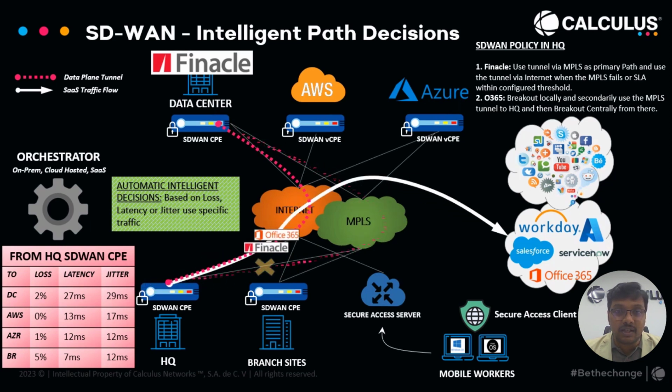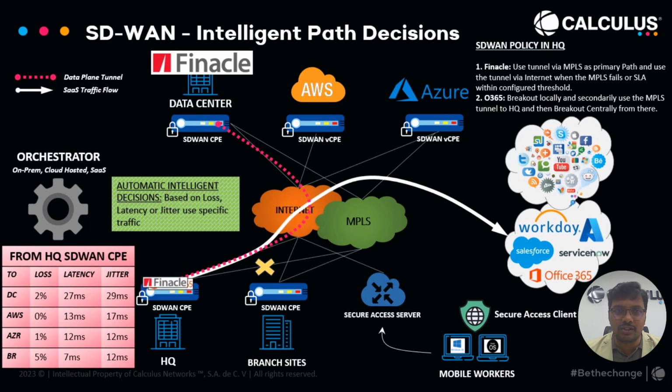Just a quick representation. The MPLS link, as you see, has gone down or gone beyond the configured threshold, right? You can visualize that the Finacle application moved via the internet tunnel, right? Finacle, for people who are not used to it, is an application, right, which BFSI customers use in general.